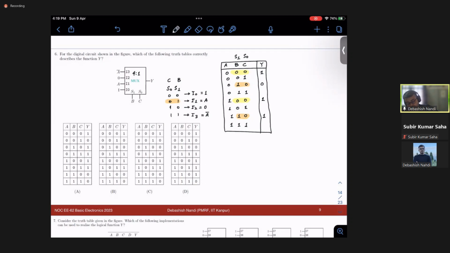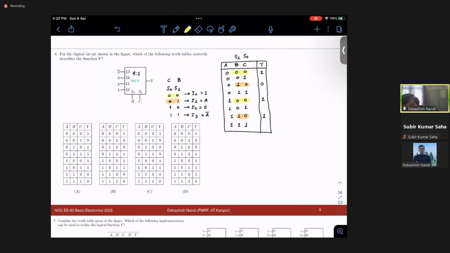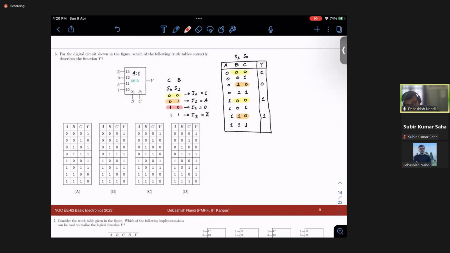Okay. Now, just let me go to the next one. 1 0, that means 0 1 in BC. 0 1 would be this one, 0 1 0 1. And what is 0 1? 0 1 is nothing but 0. So this will be 0, this will be 0.